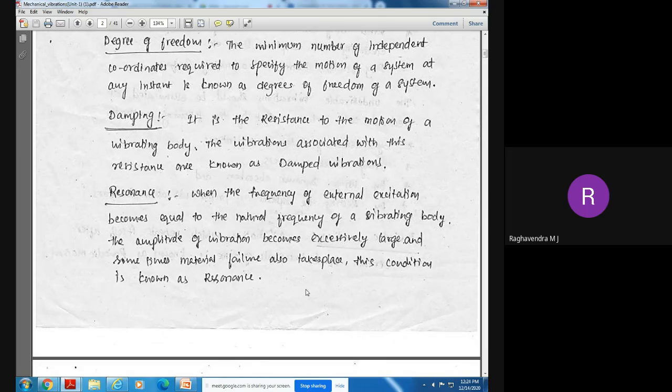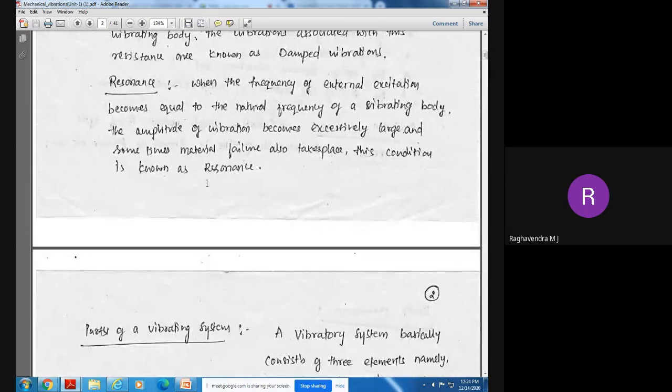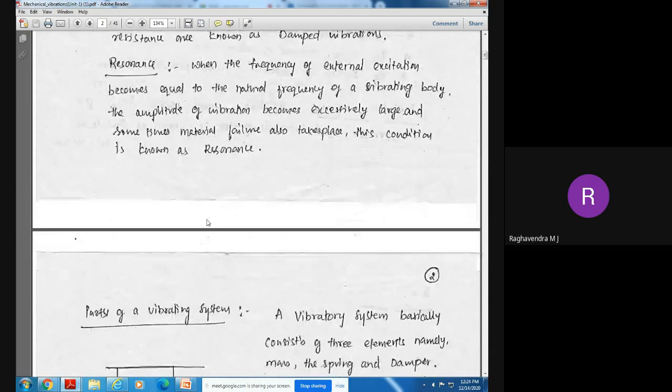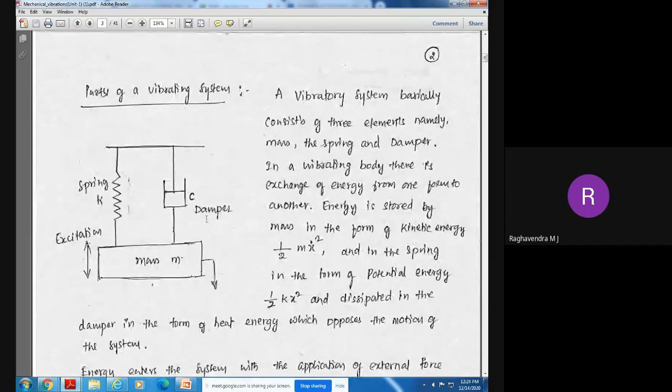Then only we can prevent the resonance and the failure of the structure or a part. So the frequency of external excitation should be away from the natural frequency of the vibrating body. Then only we can avoid the resonance and failure of the component.